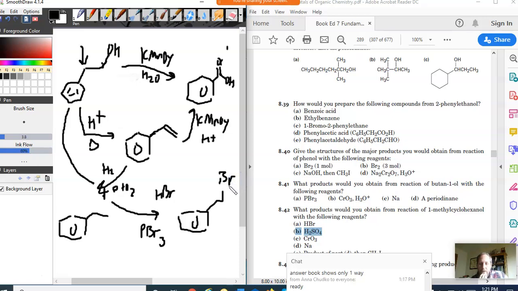So you turn it into a bromine with HBr or PBr3, and then if you wanted to, you can add tert-butoxide and heat. That's the E2 elimination from chapter 7. So lots of different ways of how to form this compound right here. You can either do the dehydration, which is one step, or turn it to the bromine and then add a big bulky base to it to do the E2.